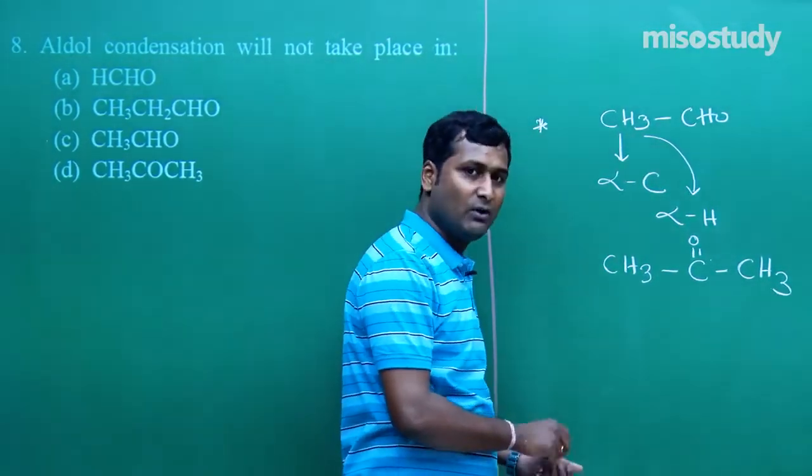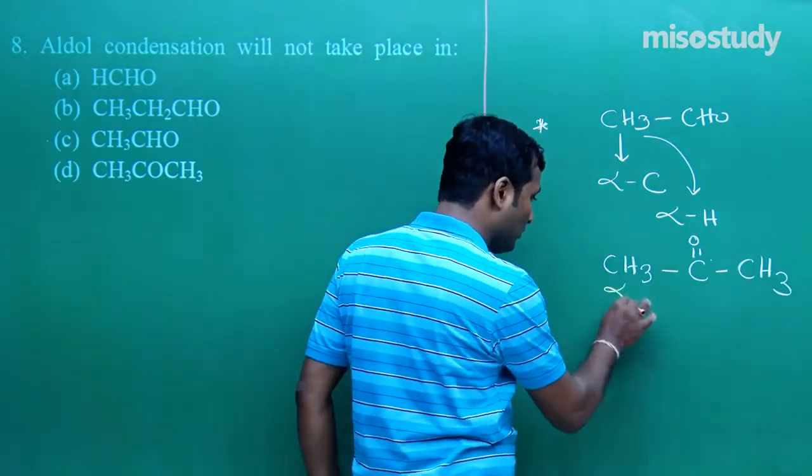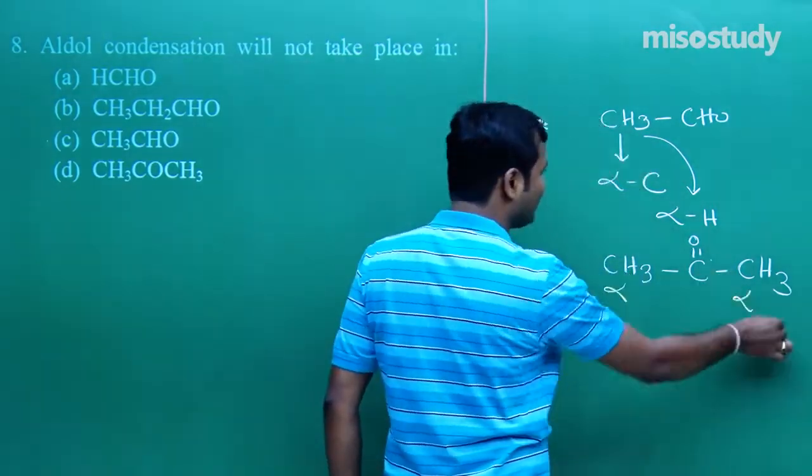CH3COCH3 will perform aldol condensation. So here also there is alpha hydrogen.